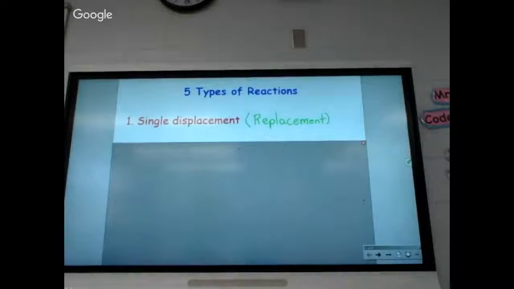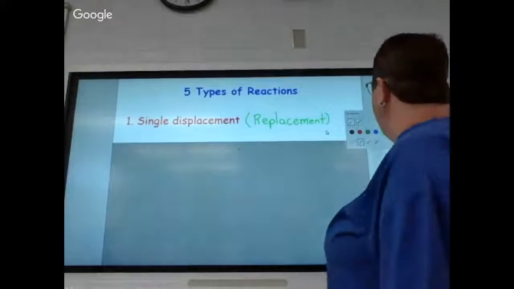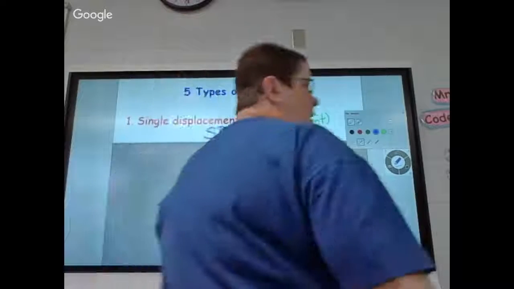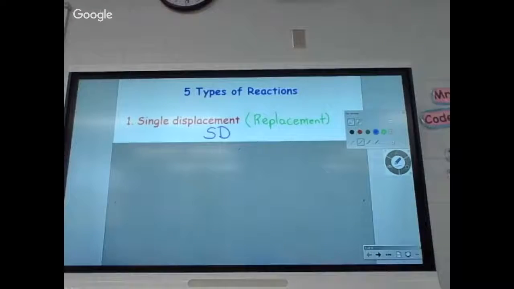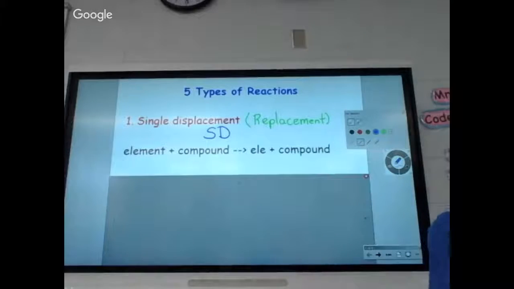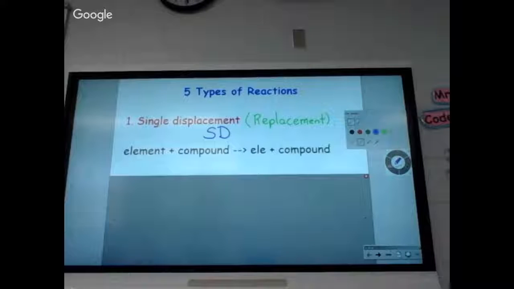Now, because we're going to label types, and I know people are lazy, if you'd like to abbreviate, you may abbreviate SD. If you abbreviate it just S, it will be wrong because we will have a type called synthesis. And if you write S, I will assume you mean what? Synthesis. You cannot argue with me that you really meant single displacement. I'm going to assume it's synthesis. Okay? But SD is single displacement. Now, single displacement is an element plus a compound, and you get an element plus a compound.